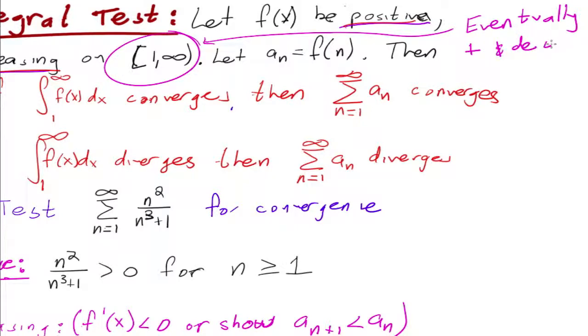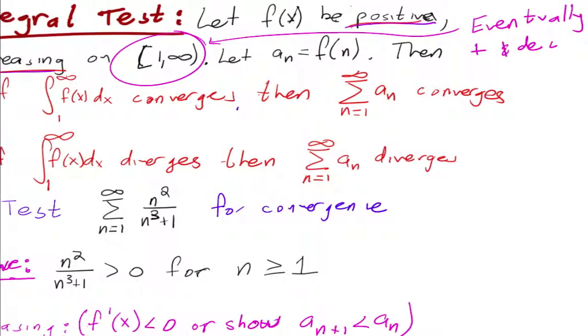In other words, there has to be a point after which it's always positive and always decreasing. If that holds, then you don't have to worry about that first initial part, because that's always going to be finite. So even though it doesn't necessarily start at 1, as long as there's a point where it's always positive and always decreasing, you're still good to go. Okay, so that's an important note for you to know.